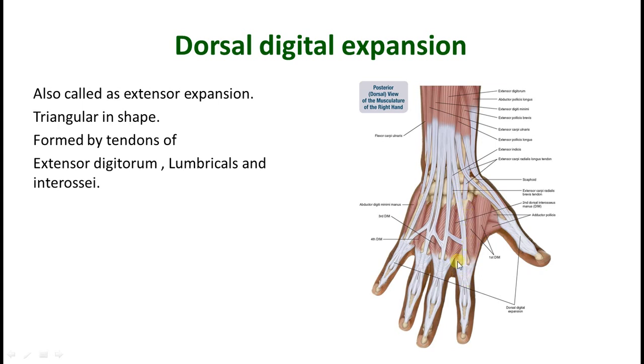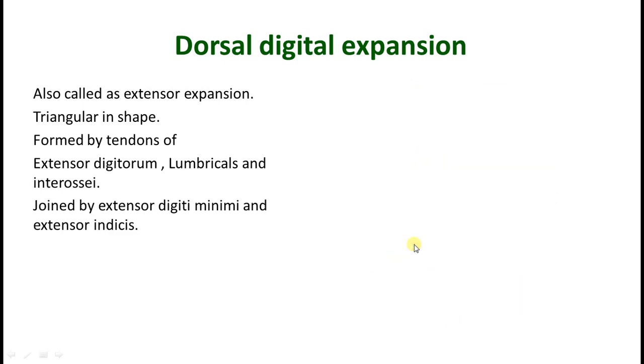Apart from that, the extensor expansion also receives the insertion of the dorsal interossei and lumbrical muscles. There are 4 dorsal interossei and 4 lumbricals. I told you they are joined by extensor digiti minimi and extensor indicis for the little finger and the index finger.